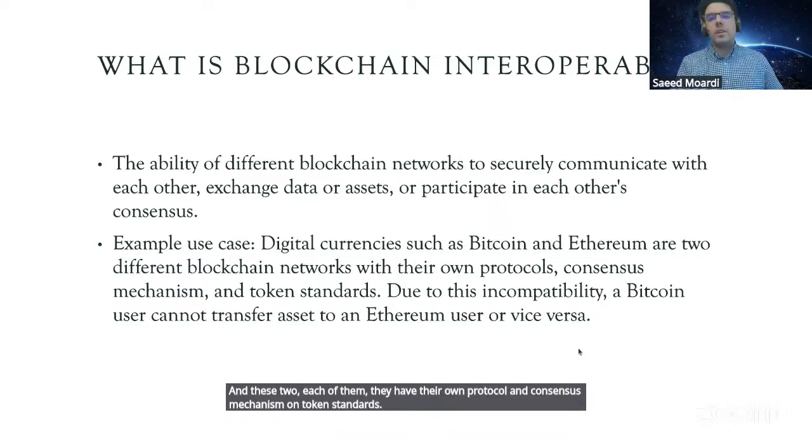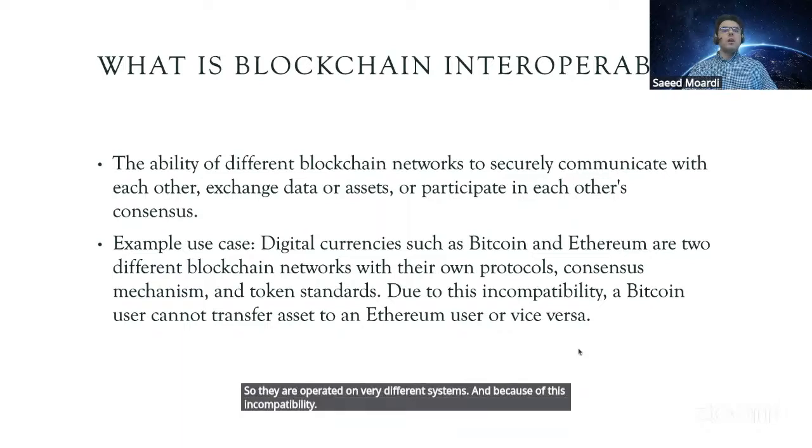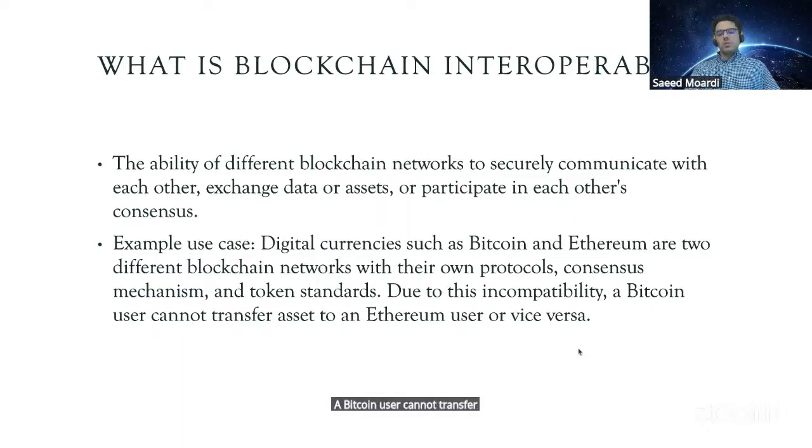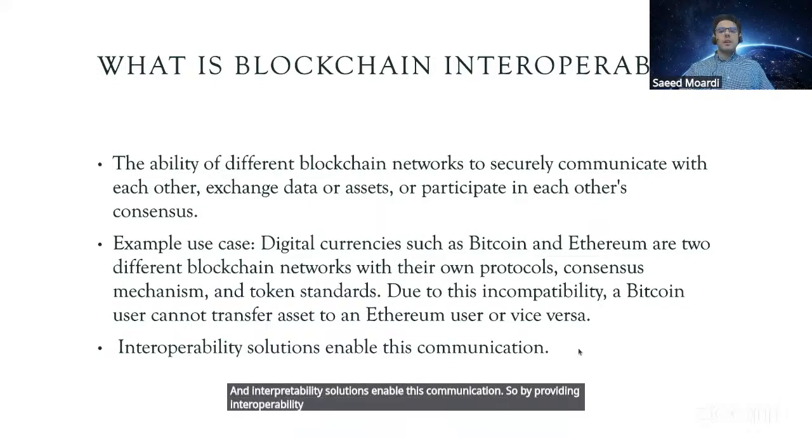So they operate on very different systems. Because of this incompatibility, a Bitcoin user cannot transfer assets to an Ethereum user, or vice versa. Interoperability solutions enable this communication, so by providing interoperability, a Bitcoin user can transfer assets to an Ethereum user, or vice versa.